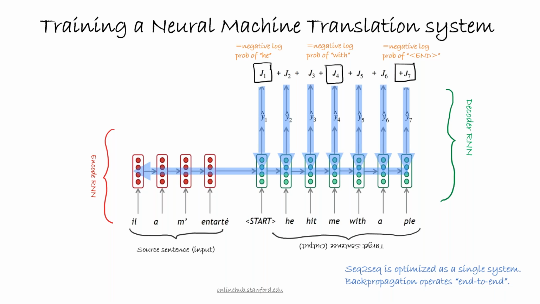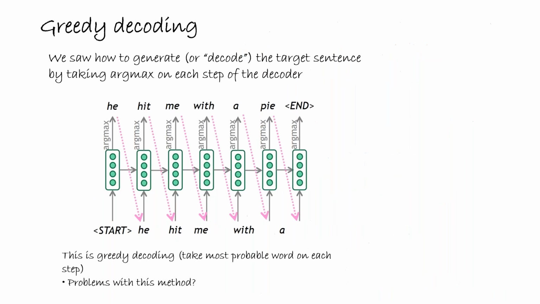And once that is done, we apply a different decoding algorithm to find the output again. So we saw how to generate the target sentence by taking argmax on each step of the decoder. So we apply the argmax for each step, each word that's coming in from the previous layer.